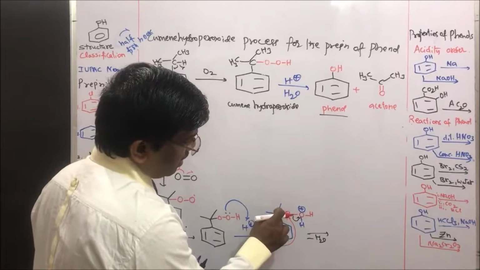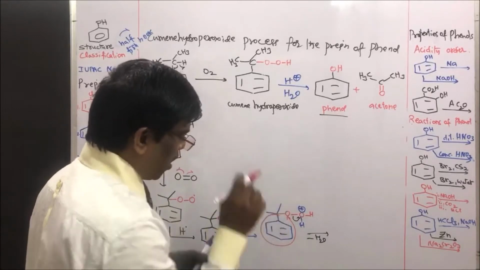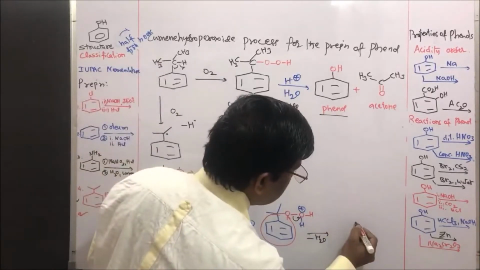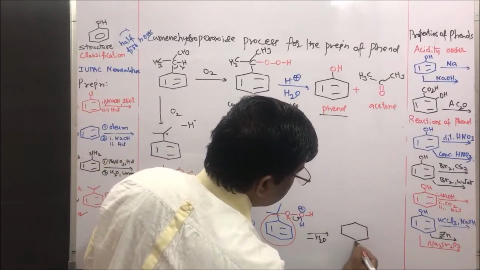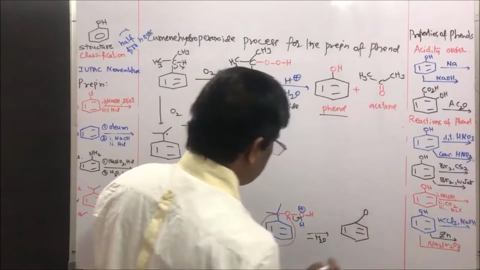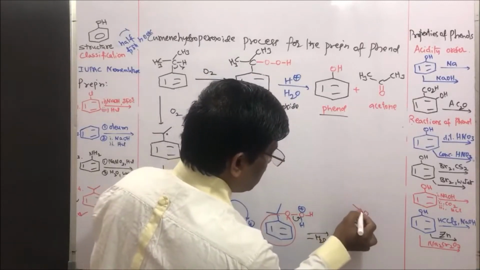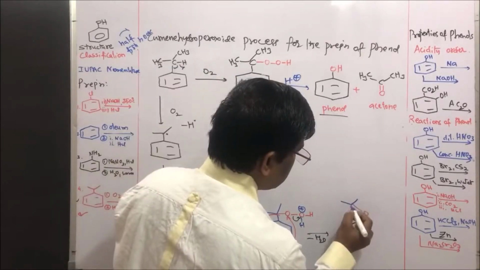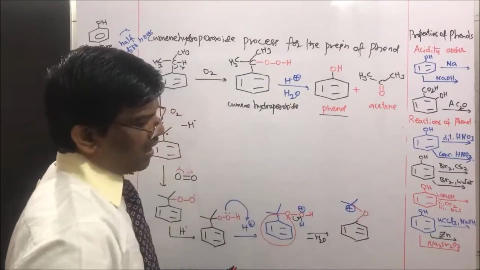Then what is the charge on this carbon? It is going to be positively charged. Let me write here: this phenyl ring is now attached to this oxygen, and previously it was here. This is positively charged now, right?